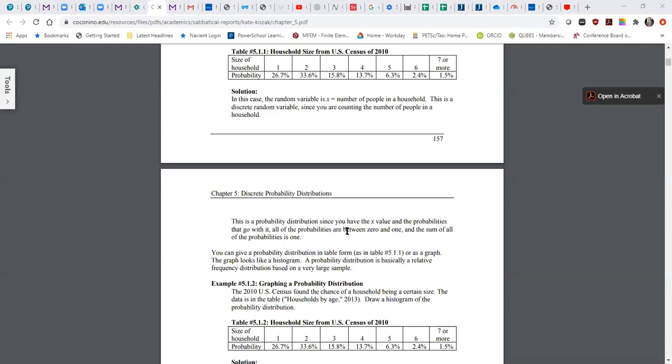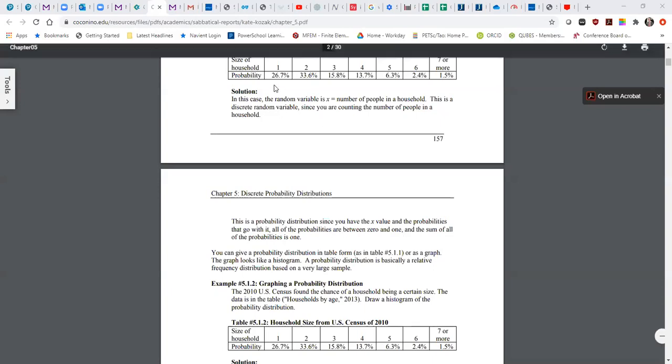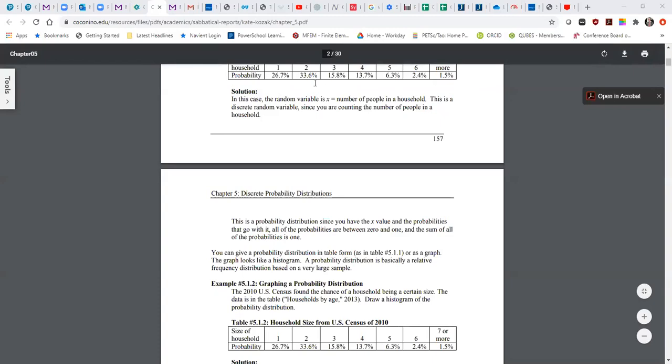All the probabilities are between 0 and 1, right? You can see this is from 0 to 1. You change it to decimal. For this one, you have 0.267. This one is 0.336. This one is 0.158. This one 0.137, and so on. And this one like 0.063.